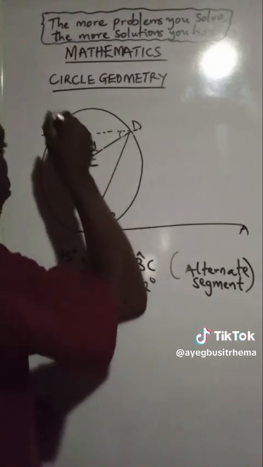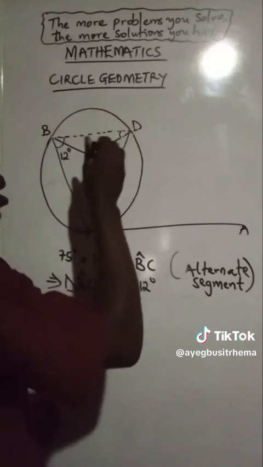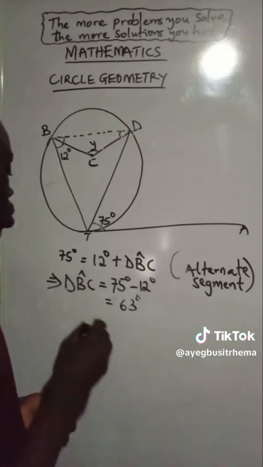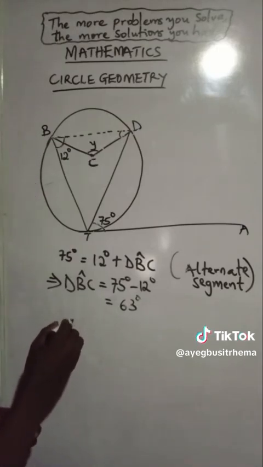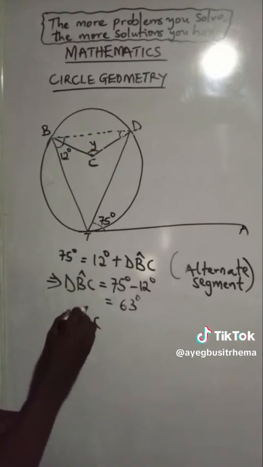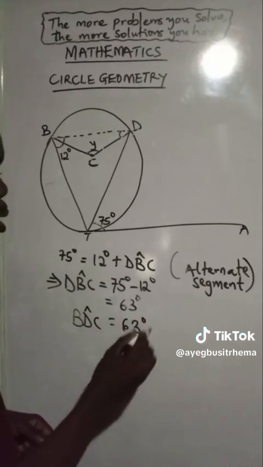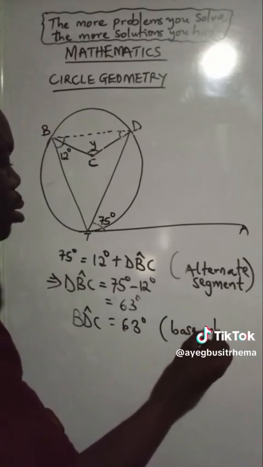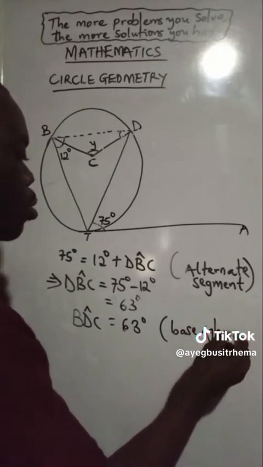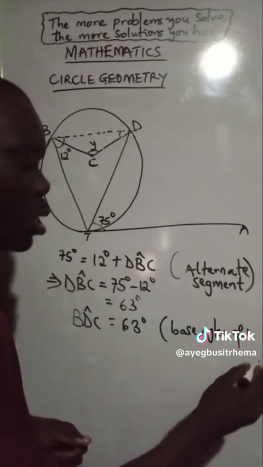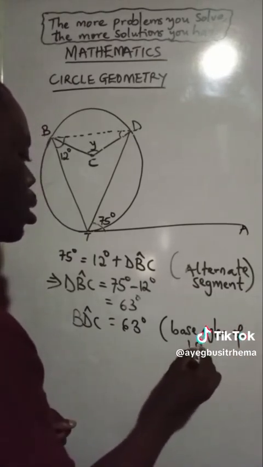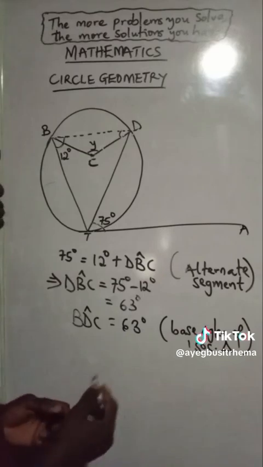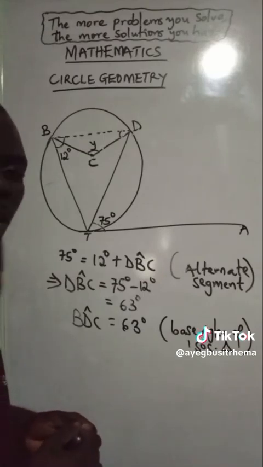Because if you look at this triangle BCD, you will discover that this is an isosceles triangle. So BDC equals 63 degrees. What is the reason? Base angles of an isosceles triangle. This is the short form. Now let me state this.